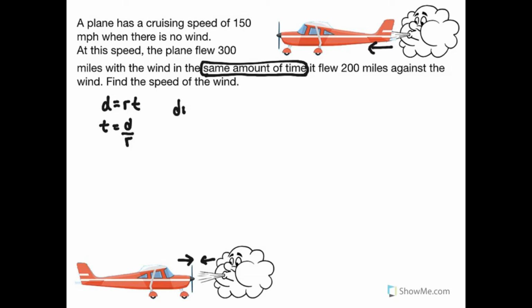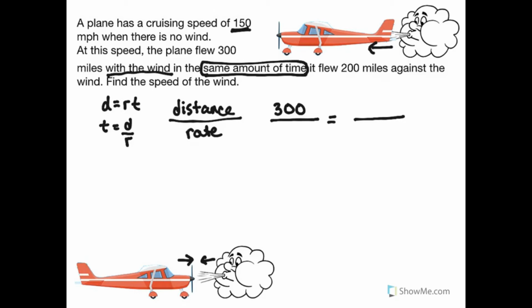It's going to be distance over rate. Now I can write the two situations that are both the same amount of time because distance over rate is equal to time. So the plane flew 300 miles, that's a distance, with the wind.